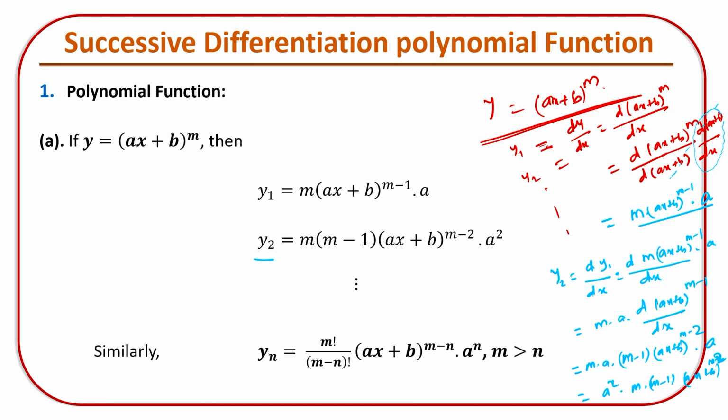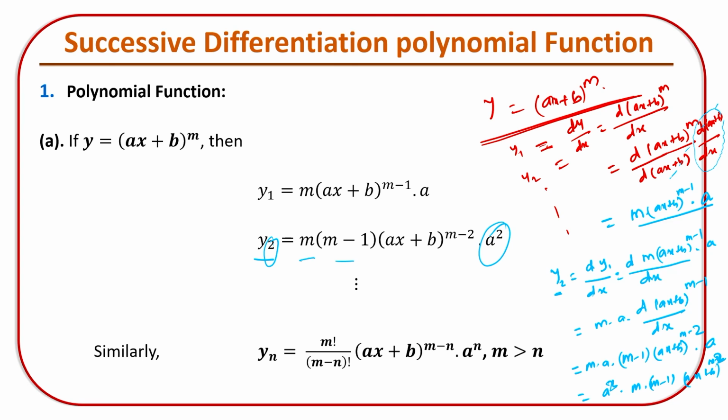As you can see, in the second derivative, a has power 2, and two constants come into the picture, m and m minus 1.